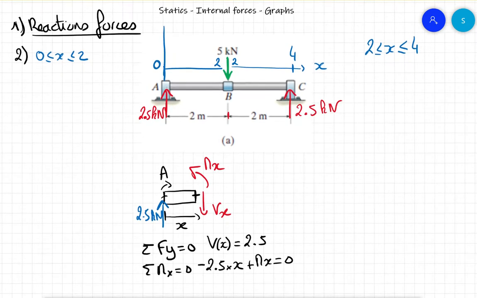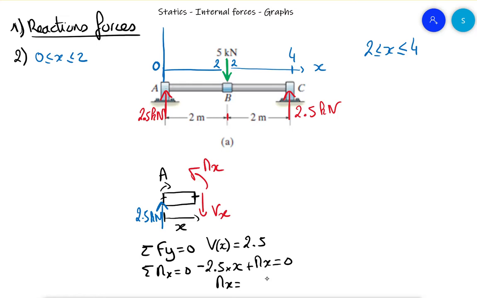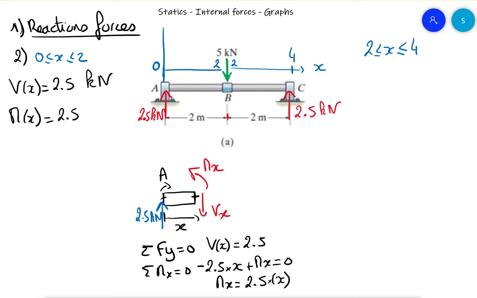So we find that Mx is equal to 2.5 times x. So between 0 and 2, the shearing force V of x is equal to 2.5 kilonewton, a constant, and the moment of x is equal to 2.5x, in kilonewton meter. So that's between 0 and 2.